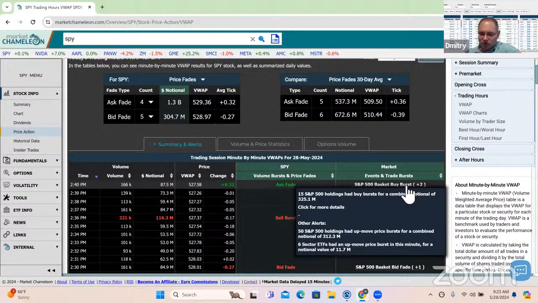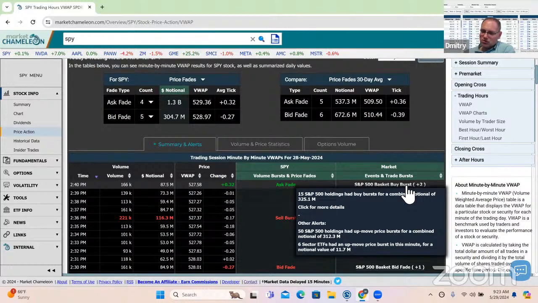So that happened at 240. There's also 50, I'm sorry, there's 50 stocks that also experienced a price fade at that time. And there are 6 sectors, 6 ETFs. So 6 of the S&P 500 sectors also had a price burst to the upside.